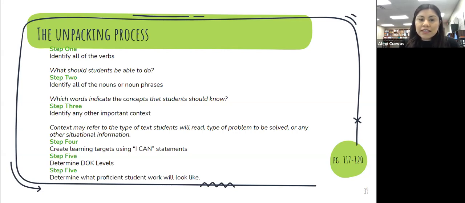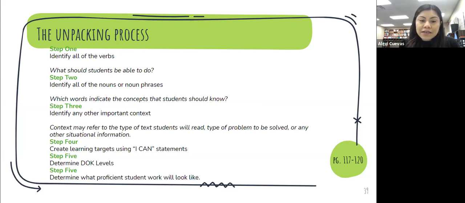Step 2 is identify all of the nouns or noun phrases, which words indicate the concepts that students should know. Again, if you choose to underline the verbs, then you can highlight the nouns, or vice versa. Step 3 is identify any other important context. Usually we put that in brackets, and context refers to the type of text students will read, types of problems to be solved, or any other situational information.